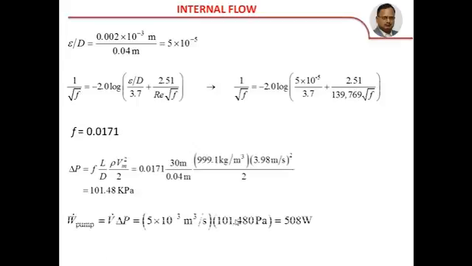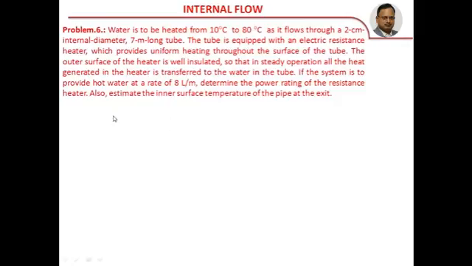You will get f equal to 0.0171. Once you know the f value, the pressure drop due to friction is f L rho v square by 2d, so many kilopascals. Therefore, pump work is equal to discharge times pressure drop, which is equal to 508 kilowatts.